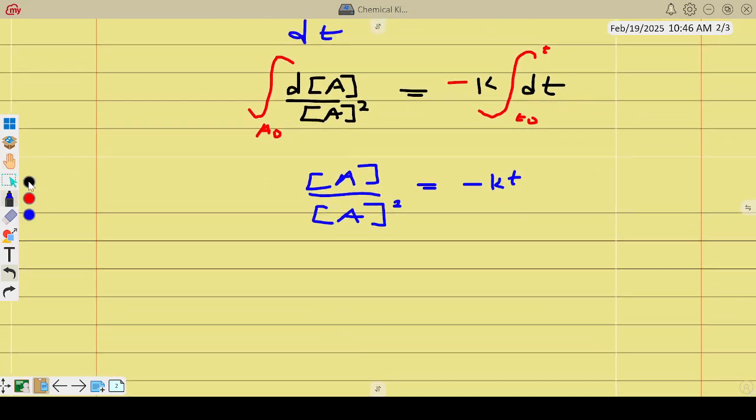Here you can see we have two A's, so one should go. We can cancel this and cancel that. On the left hand side, when there's an integral, there will be an ln, but no, there's no ln here.